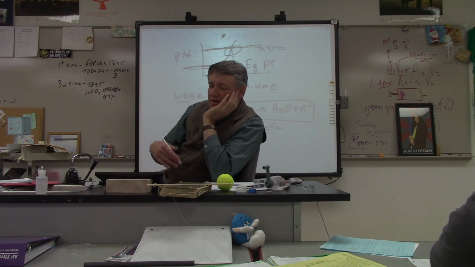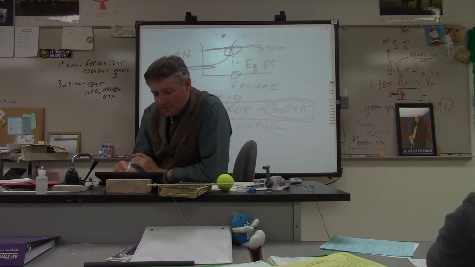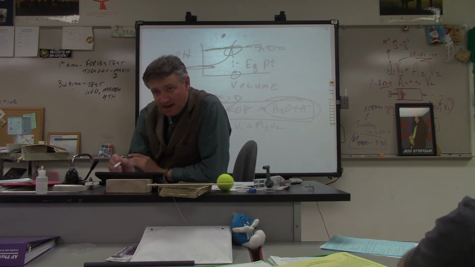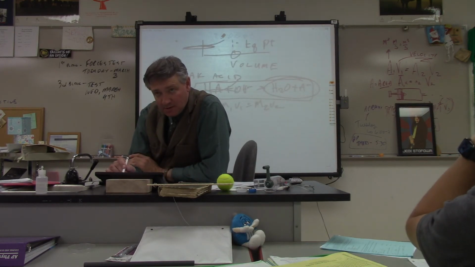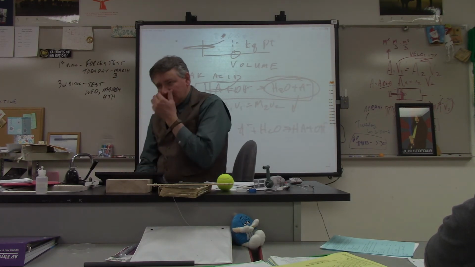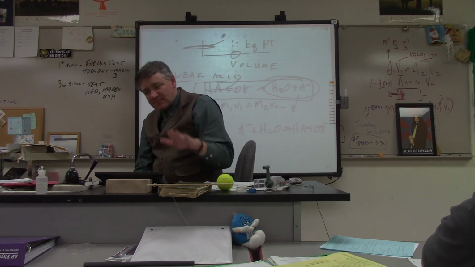Because if it's neutralized, what's going to happen over here on the right side? The anion is going to react with the water. So this is where you get that secondary reaction with the water, and you're going to get the acid plus hydroxide, because you're going to be generating some hydroxide ions.